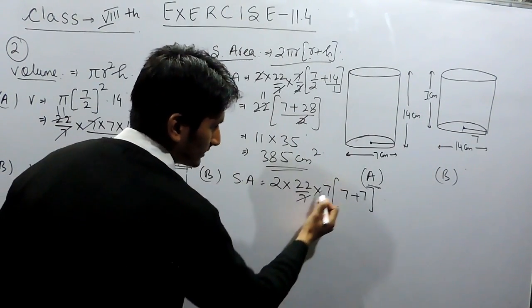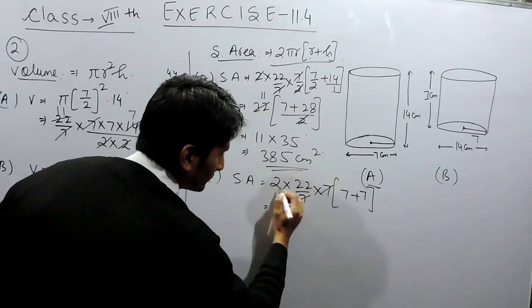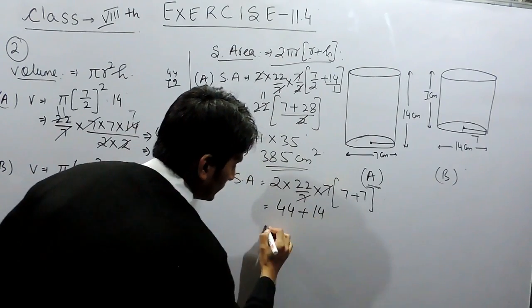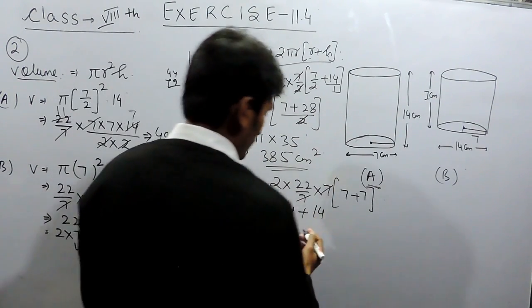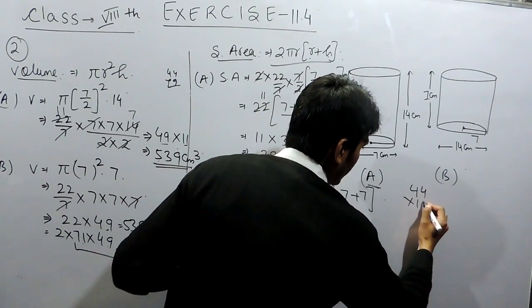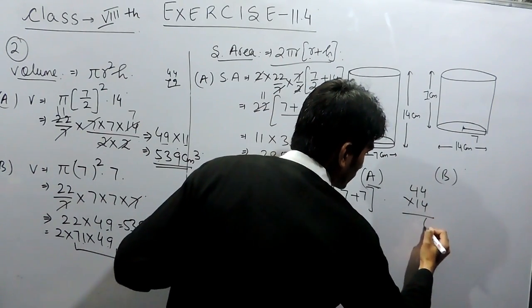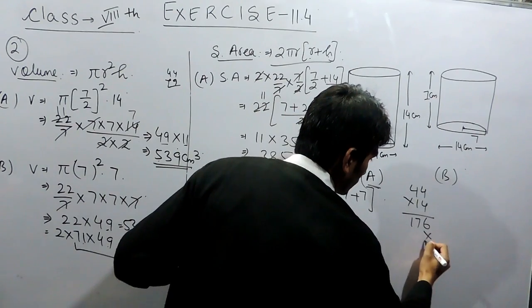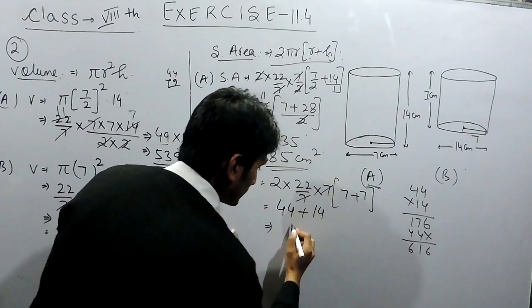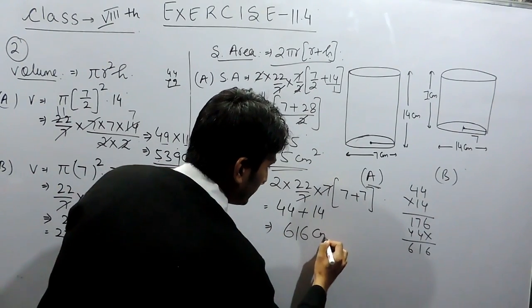So solving this, this can be cancelled. This will be equals to 44 and this will be equals to 14. So here the surface area will be equals to 44 multiplied by 14. So here the surface area will be 616 centimeters square.